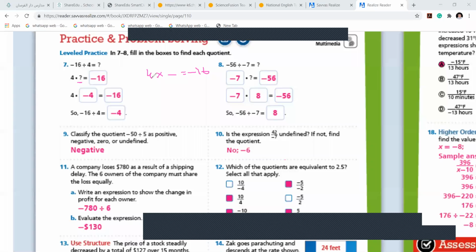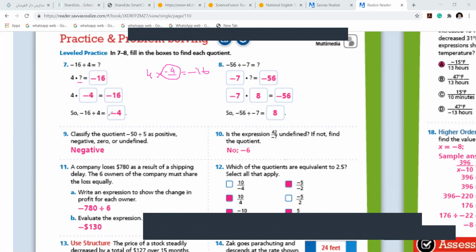Judy, 4 times which number gives me minus 16? Minus 4. Who is this? Noor? Good. You need to put minus 4 here. Why minus 4? Because if this is positive, the other must be negative to get a negative answer. That's why 4 times minus 4, I wrote minus 16. So minus 16 divided by 4, opposite signs, I will get minus 4 as an answer.